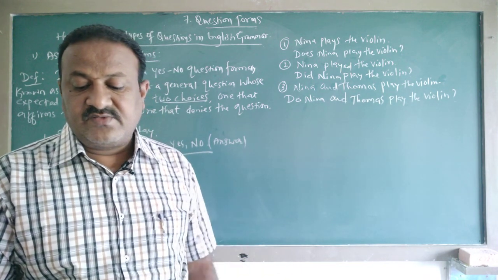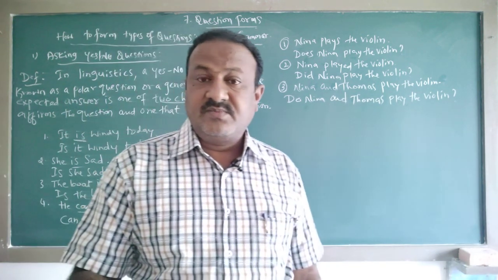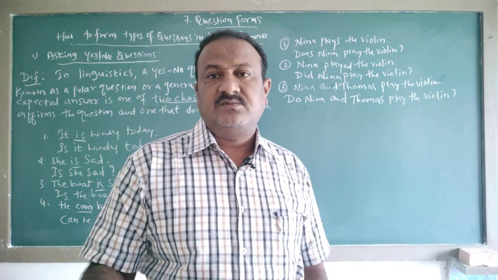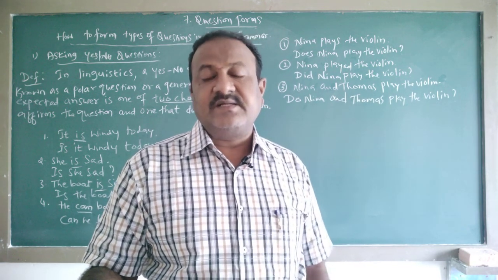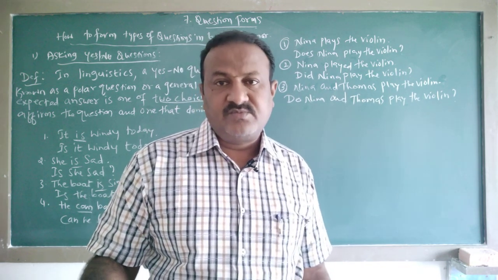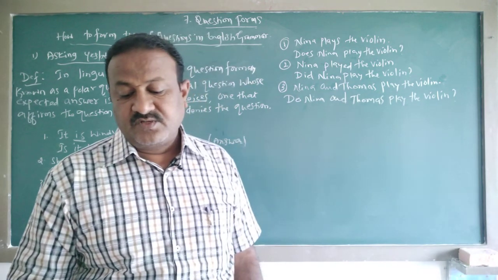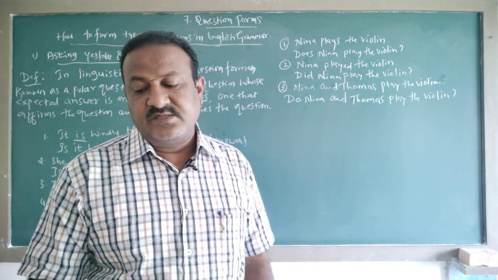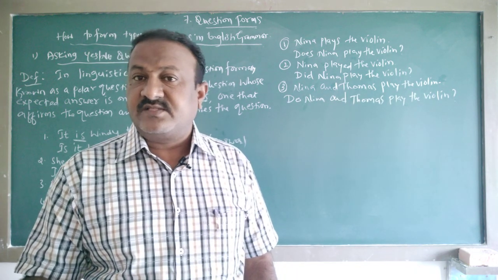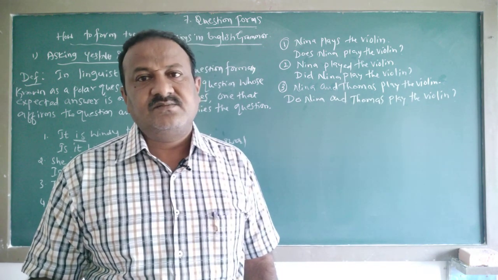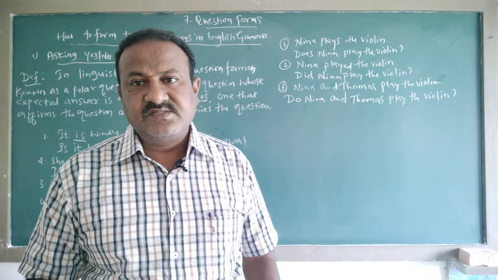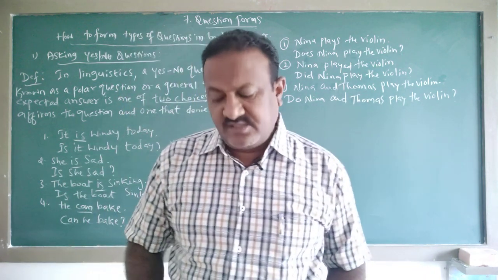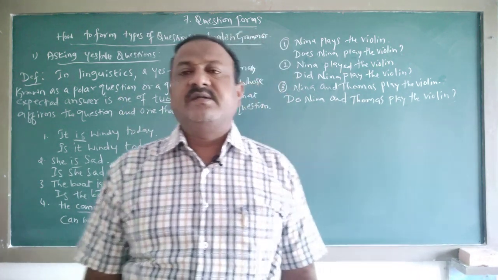Please remember this here. We must be sure to use the correct tense and form. For example, did. If the sentence is in the past tense, we can use what? Did.